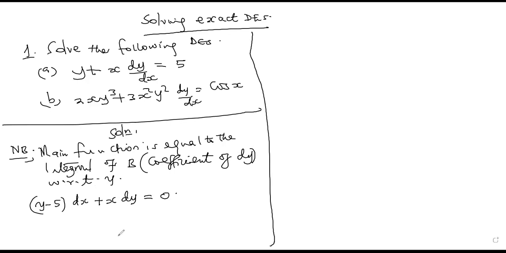So for us, the main function is equal to the integral of b. We had said that our a(x,y) was equal to y minus 5, implying that our b(x,y) is equal to the coefficient of dy, which is x.